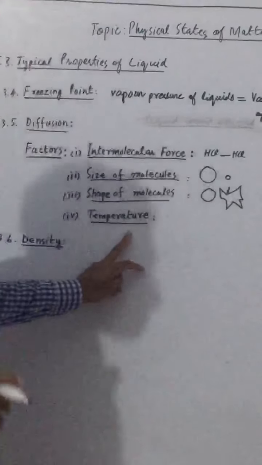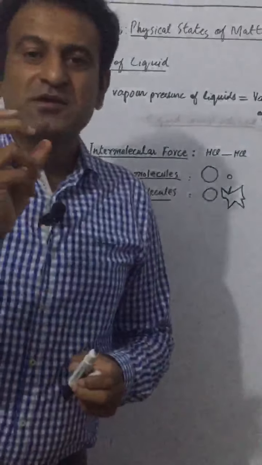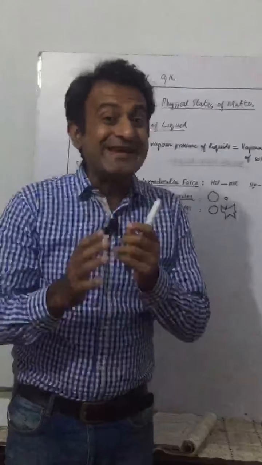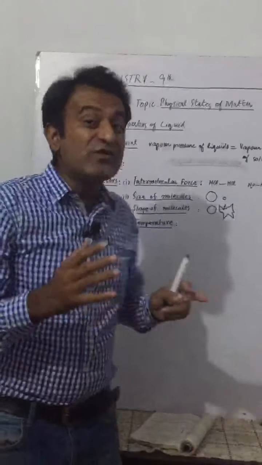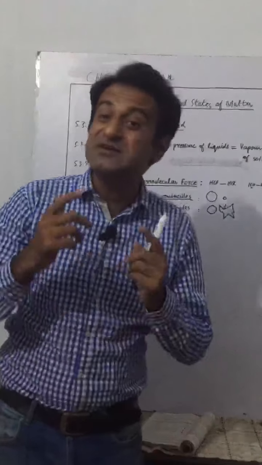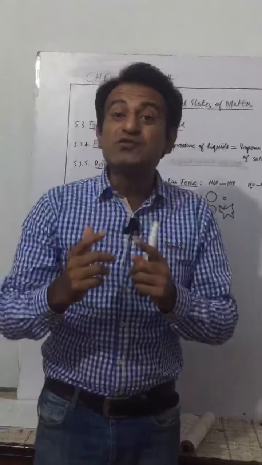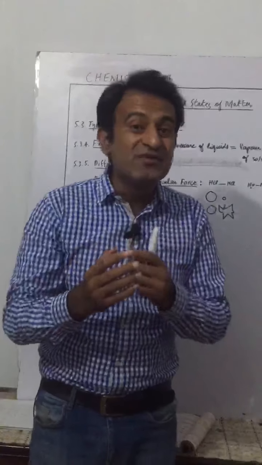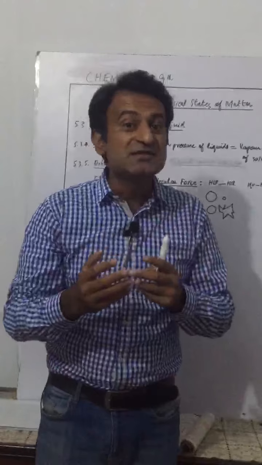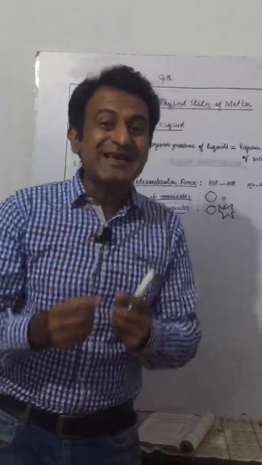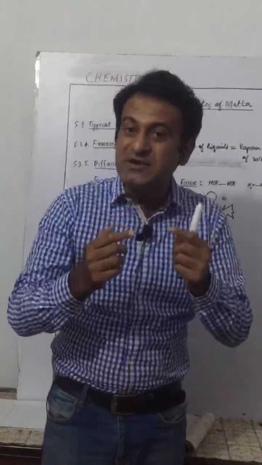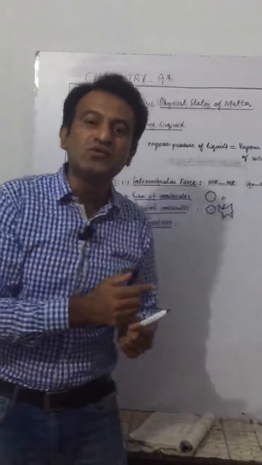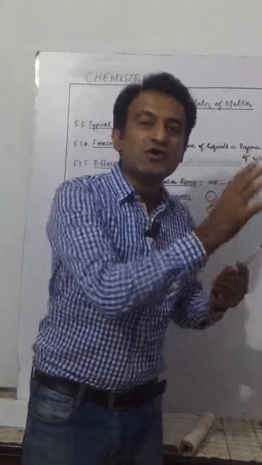Well, temperature. The particles in liquids are in continuous motion due to kinetic energy. When a liquid has higher temperature, it means its molecules have higher kinetic energy and they are moving more quickly. When the molecules move more quickly, it is very likely that liquids would diffuse more quickly as compared to the liquids that have low temperature.